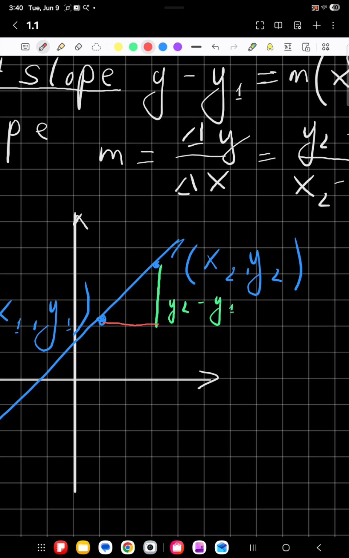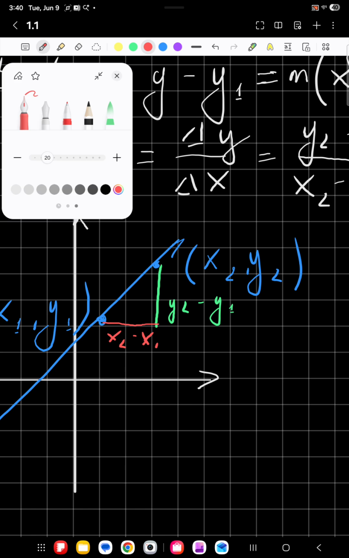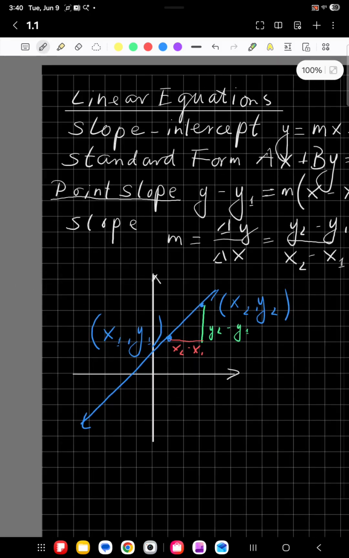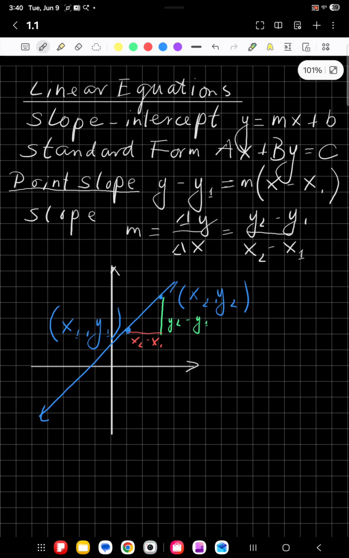And then the difference here for the run will be x2 minus x1. Okay, let me go back to 100%, or less. Right, so you see what's happening? That slope is just this distance here, the green distance, over the red distance.